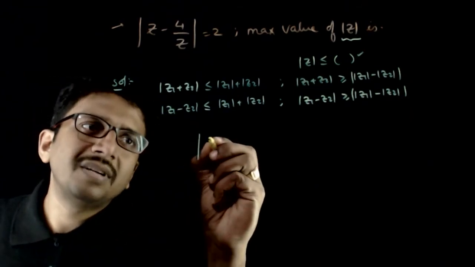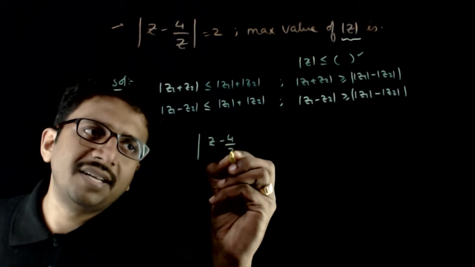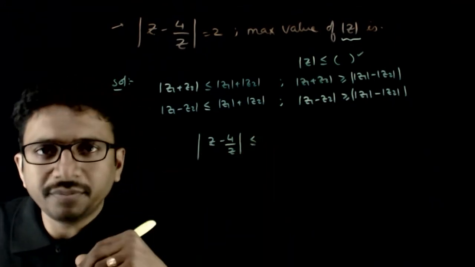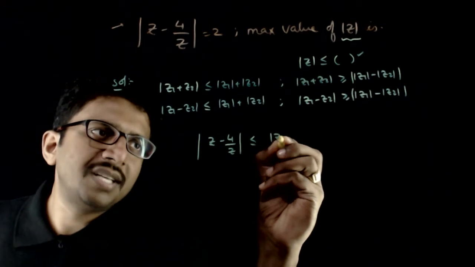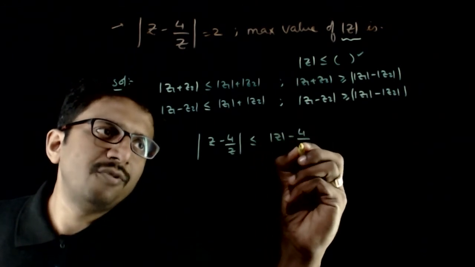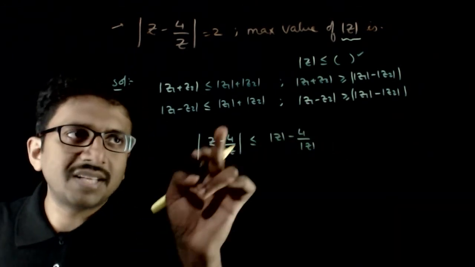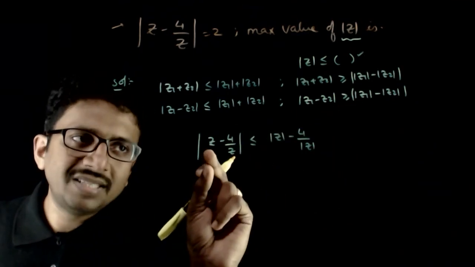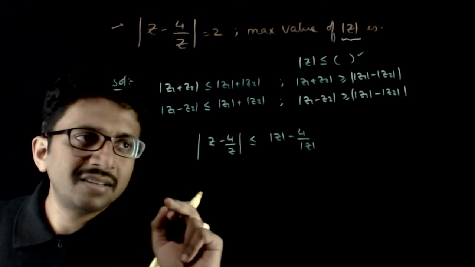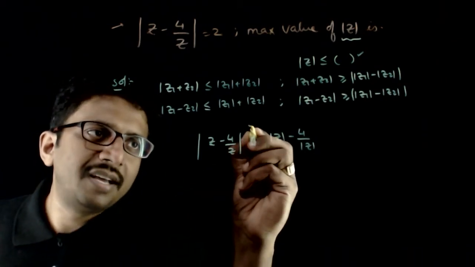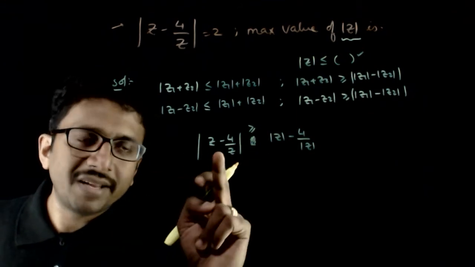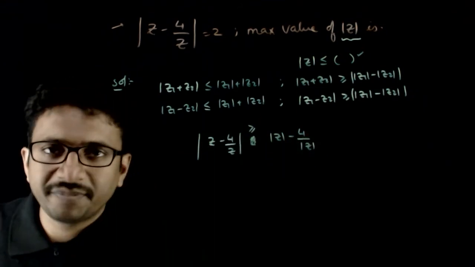So let us use one of these. Mod of z minus 4 by z, can I say that this is always greater than or equal to mod z minus 4 by mod z? That is, I am using this inequality: mod of z1 minus z2 is always greater than or equal to mod of z minus mod of 4 by z, which is 4 by mod z.